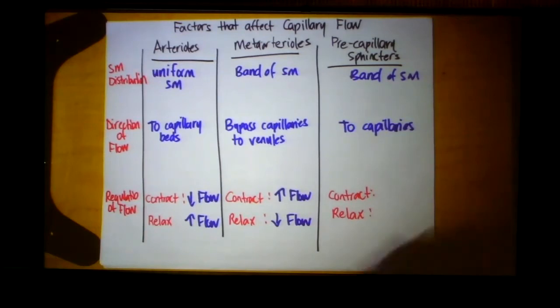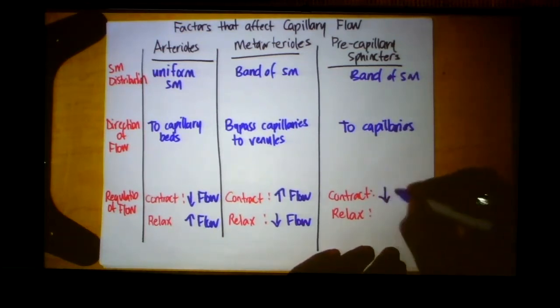And lastly, the precapillary sphincters. When they contract, they're at the start of the capillaries, what happens to flow? Decreases.